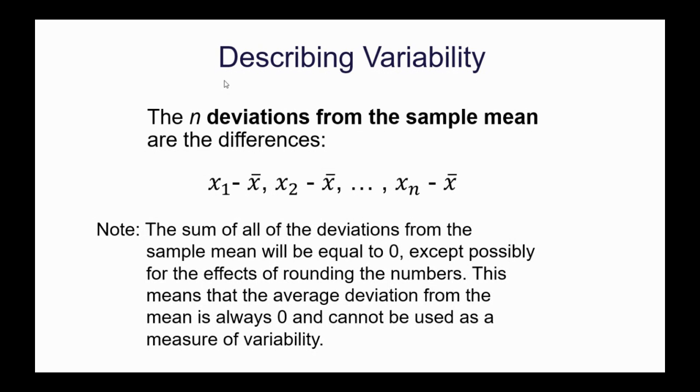Unless you round it or something, they equal 0. So the average deviation from the mean would always be 0, and we can't use it as a measure of variability. So we've hit yet another roadblock. We thought we were getting somewhere, and roadblock.